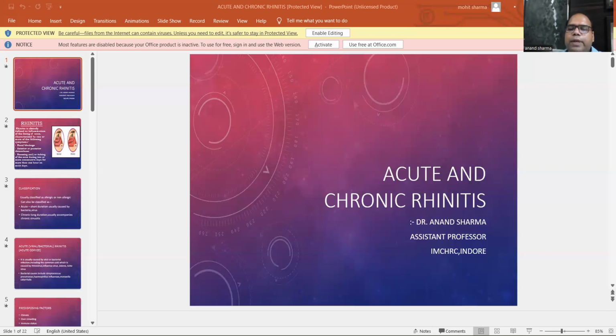So there is chronic hyperemia, that is engorgement of the turbinate, and loss of cilia along with goblet cells. Both these changes may be reversible, but normally if there is loss of cilia and goblet cells, cilia is required for the clearance of the mucus secretion, so there will be stasis. Secondly, there is loss of goblet cells, which are required for the production of mucus, so the production is also reduced. So ultimately there will be formation of crust in the nasal cavity.